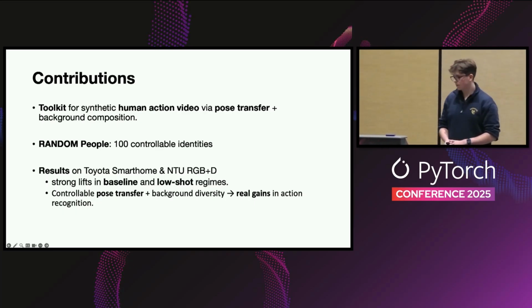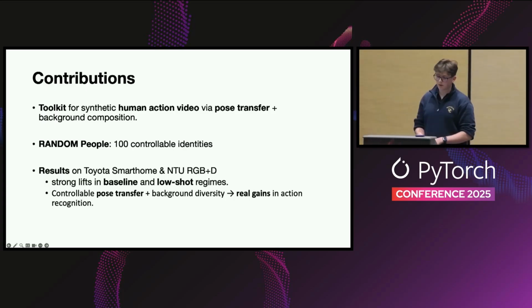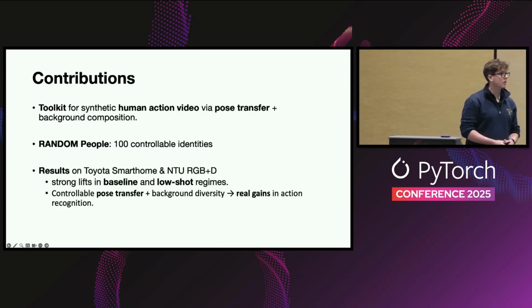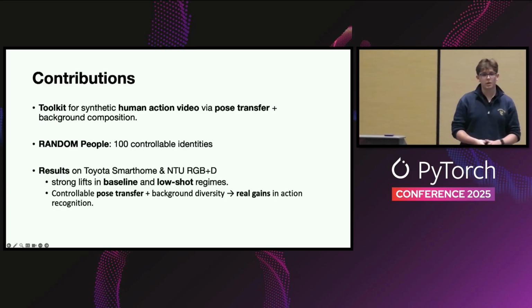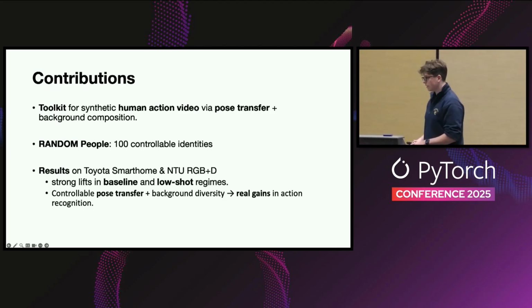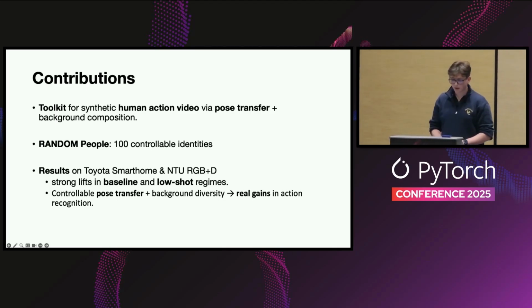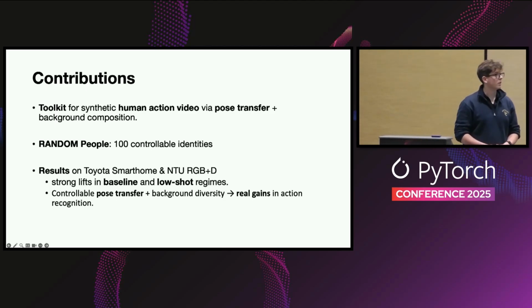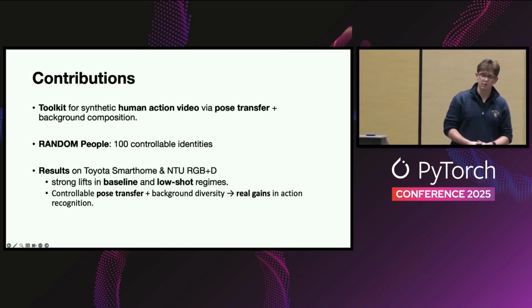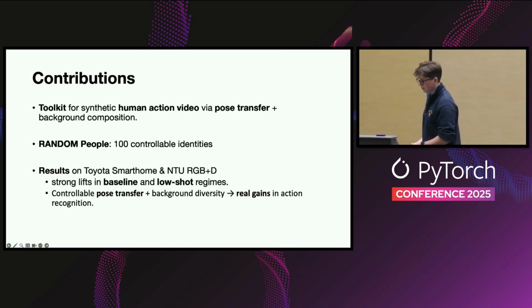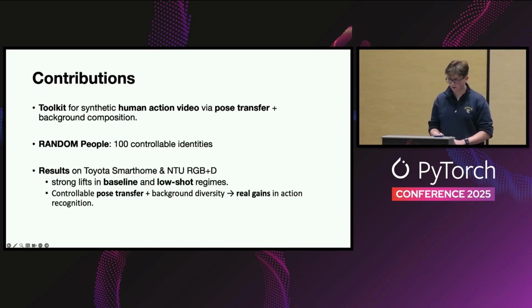It's very easy to use, very fast. And also, we have the Random People dataset, which is 100 controllable identities that are released and open for research. And we have strong results on two action recognition data sets, Toyota and NTU RGB.